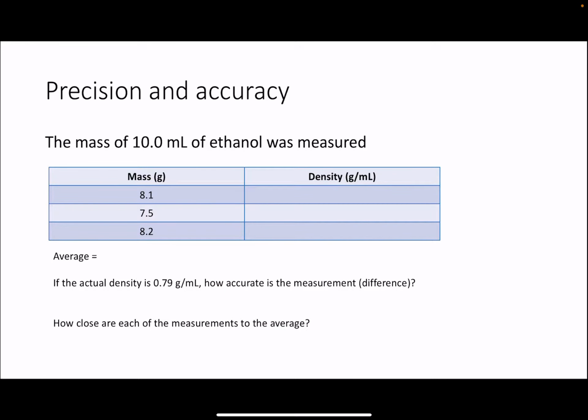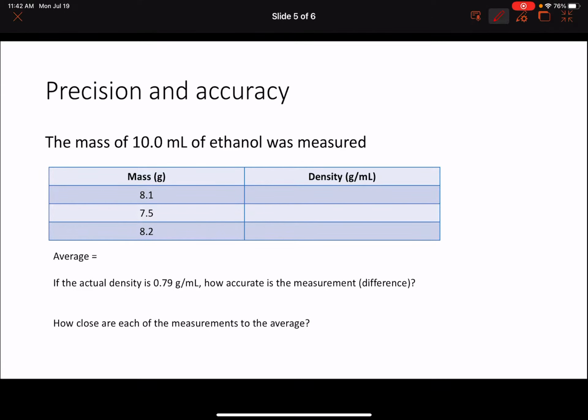Now we want to look at this in terms of precision and accuracy. Let's do the same kind of calculation and figure out how precise we are. Let's say we had 10 milliliters of ethanol and we measured the mass 3 times, and we calculate the density. So the density is mass per volume.